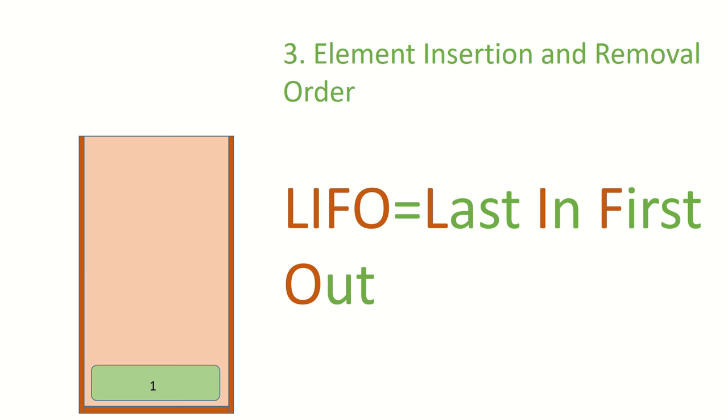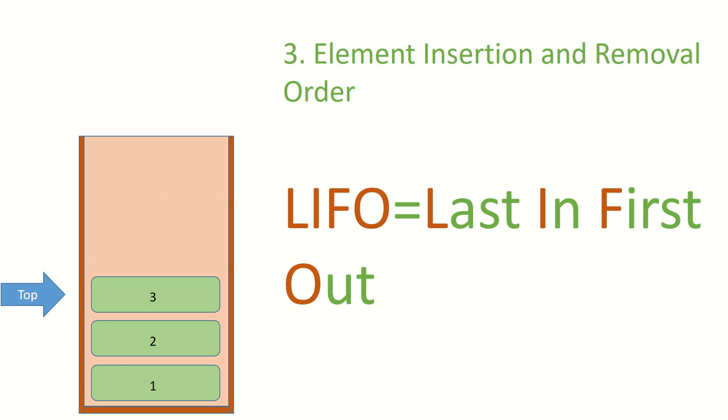We have inserted 1. So currently 1 is the newly added element, the last inserted element. So the top pointer will point to 1. Then we will add one more element, 2. Now 2 is the last inserted element, so the top pointer will move from 1 to 2.